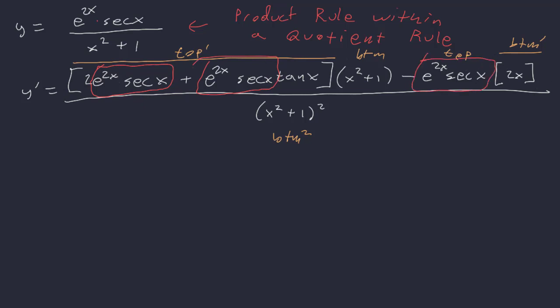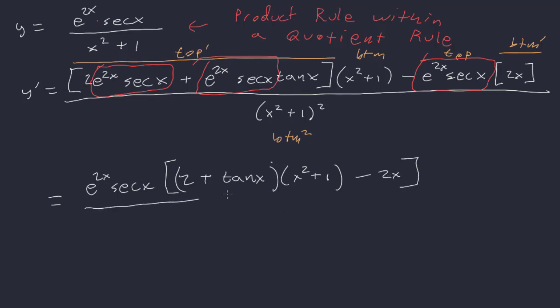So we can factor that out and actually make this look quite a bit nicer, because we'll have the e to the 2x secant x sitting outside, and then we'll just have a 2 plus a tangent x, and this all times this x squared plus 1, and here just minus the 2x. So it still might not be gorgeous, but it's a little cleaner.